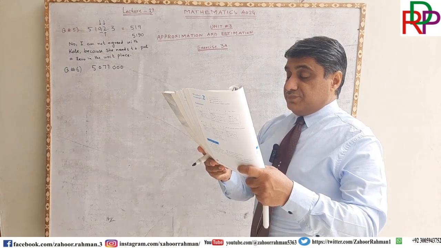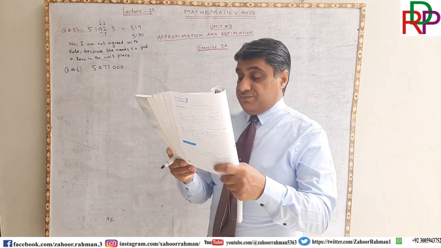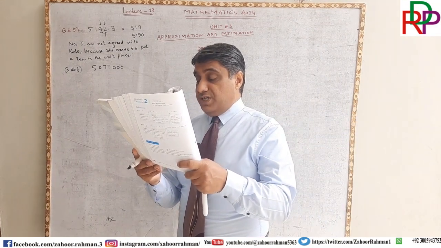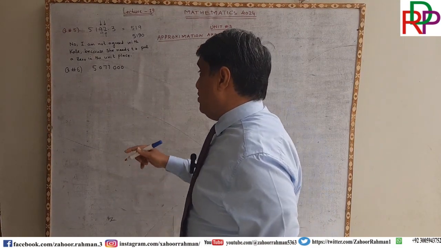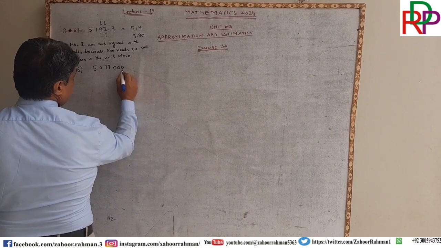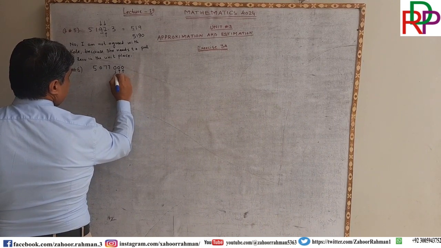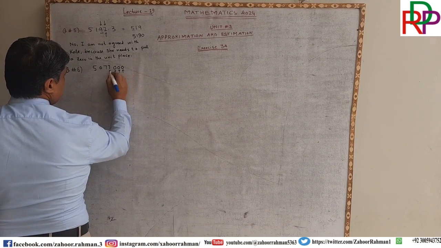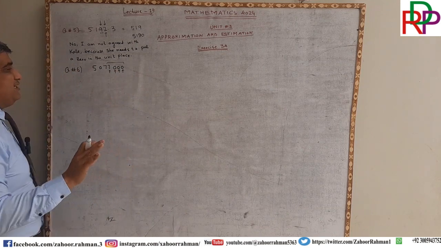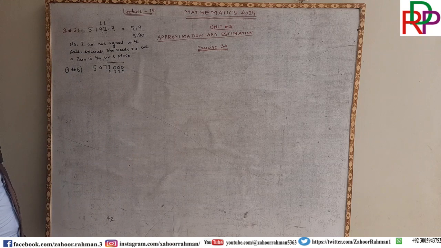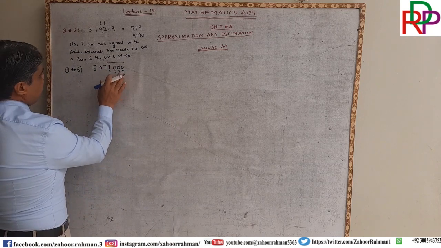The value has been rounded to the nearest thousand, to the nearest unit, 10, 100 and 1000. So till here you need to deal with the answer. This is given rounding up.